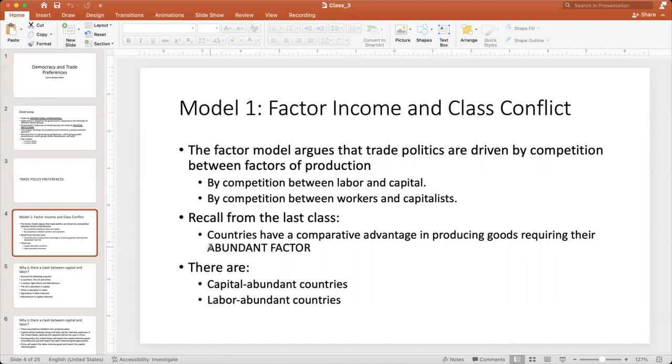We understood that capital abundant countries should specialize in the production of goods that require more capital. That reduces the cost of producing this type of goods, and because of that, they should specialize in these products because they have comparative advantages in doing so.